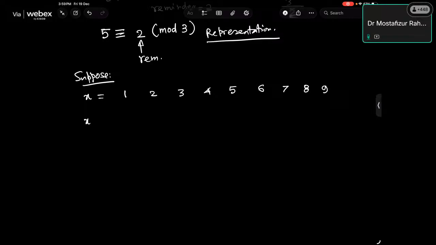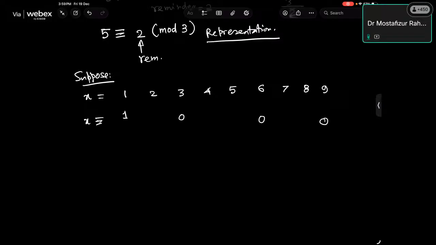And suppose I have modulo 3, right? I want to divide with 3, right? So first of all, what will be the remainder, right? So if I do the modulo 3, 1 will have the remainder 1, suppose. For wherever I have 3, the remainder will be 0, right? 3, 6 will be 0 and 9 will be 0.